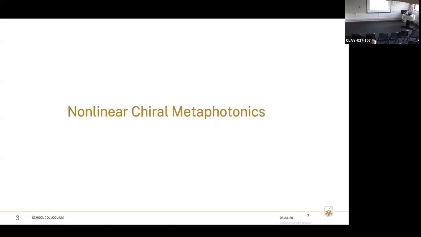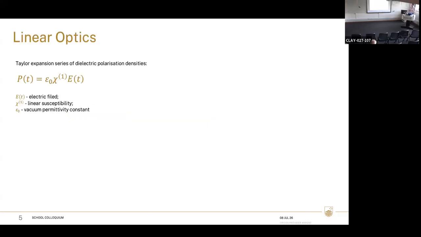So basically, there are three main words: nonlinear, chiral, and metaphotonics, and I'll introduce three of them one by one. So we will start from nonlinear. So what is nonlinear? In the linear case, in linear optics, the light interacts with some matter.